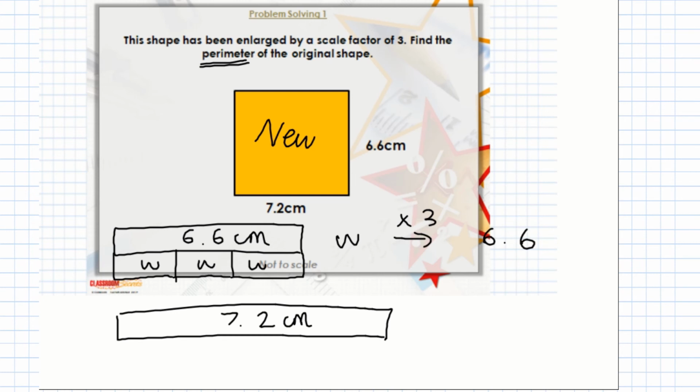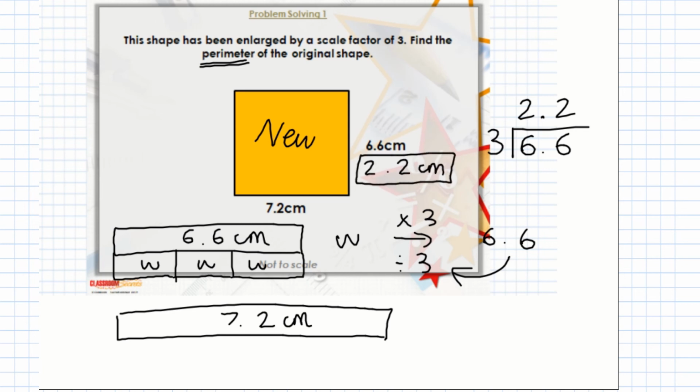So how can I go backwards? I will use the inverse. I will divide it by 3. So we will use a bus stop, short division, 6.6 divided by 3. How many 3's go into 6? 2. How many 3's go into 0.6? There we go. We've got 2.2 would be the original dimension of this side. 2.2 centimetres is the original.